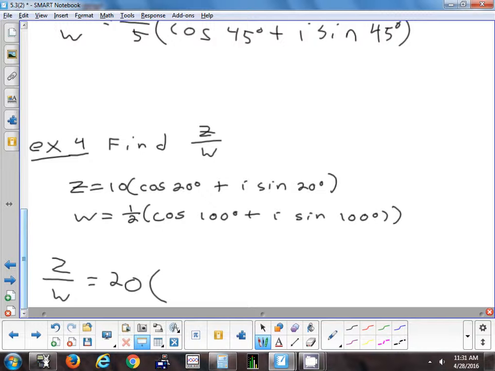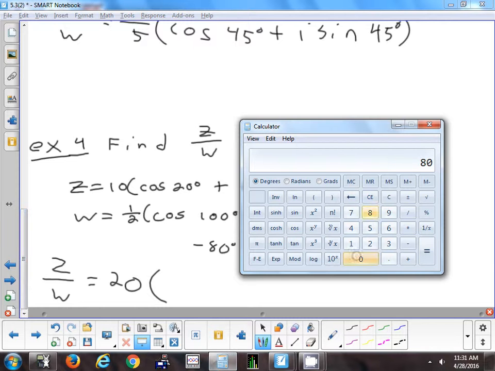And what about my angle? We don't have to make it positive yet. It's going to be what? It's going to be negative 80. So I'm just going to write that up here for a second. And how would I make negative 80 positive? Just add 360 to it. Okay.